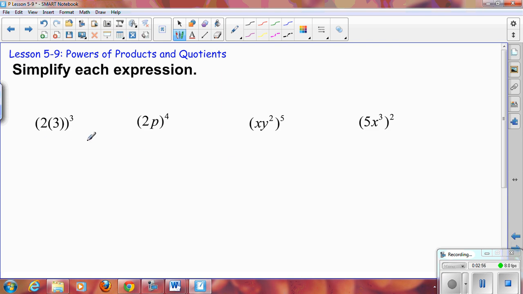So I'll do these 2, and you will do these 2. Okay? So I'm going to take this 3, and I'm going to cube each piece. So that's 2 cubed times 3 cubed. Well, 2 cubed is 8, and 3 cubed is 27. 8 times 27 is 216.